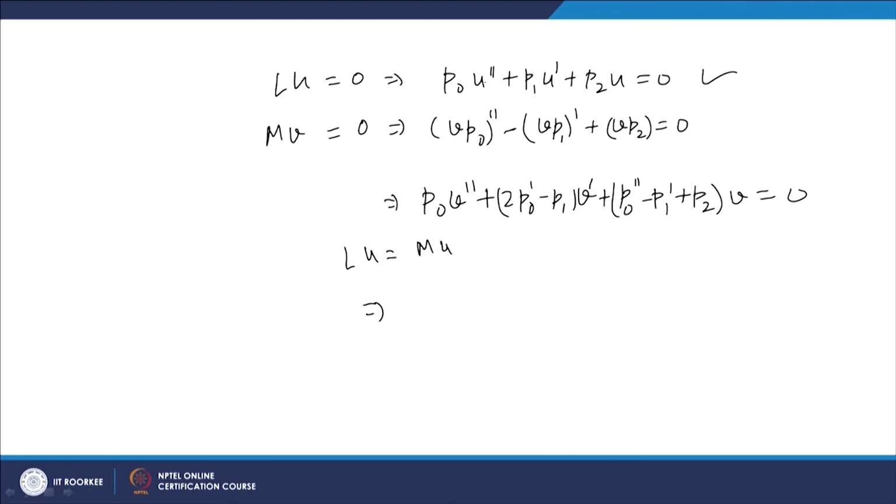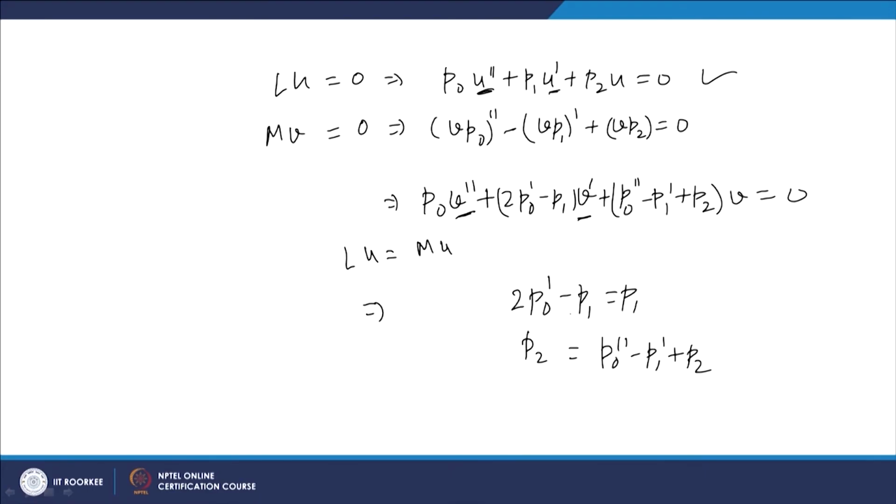So look at the corresponding coefficients. The coefficient of u double dash is p naught here and p naught there, so no problem. The coefficient of u dash is p1 here, but there it is 2 p naught dash minus p1. So 2 p naught dash minus p1 has to be equal to p1. This is one condition. Now look at the coefficient of u: here it is p2, and there it is p naught double dash minus p1 dash plus p2.